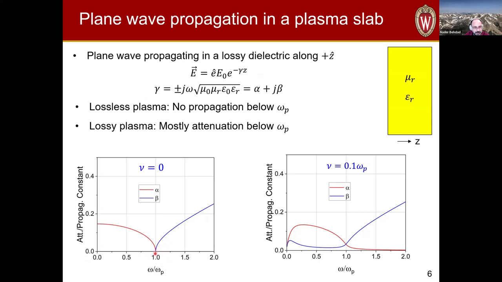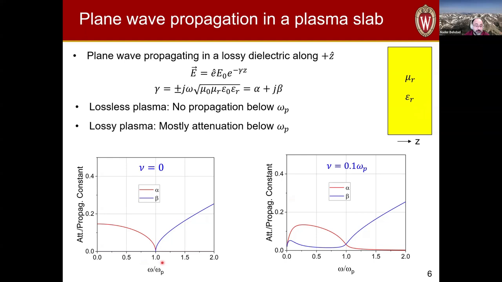You see that below the cutoff, or below the plasma frequency, alpha is non-zero and beta is 0. So this complex propagation constant becomes a real number, and you'll have exponential attenuation of the wave as it propagates through the medium. And above that, you have normal propagation. This is very similar to what happens in a waveguide, for example, below the cutoff frequency.